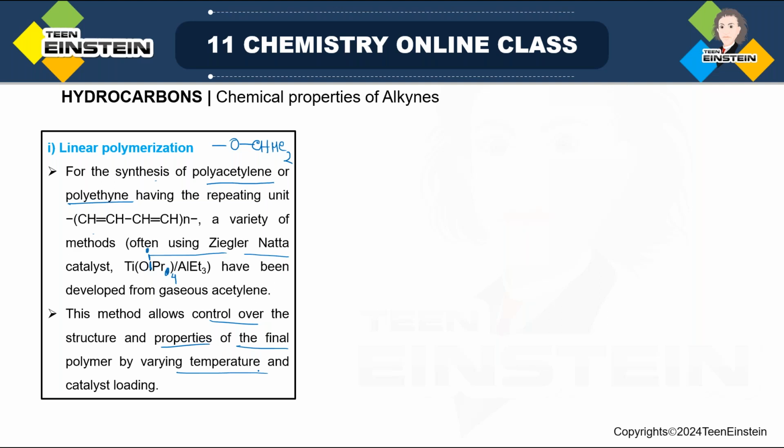Catalyst loading means the amount compared to your substrate. We use catalyst in very minute amounts, for example 2%, 3% or 10%. Depending on how much you are loading, we can have different types of products.